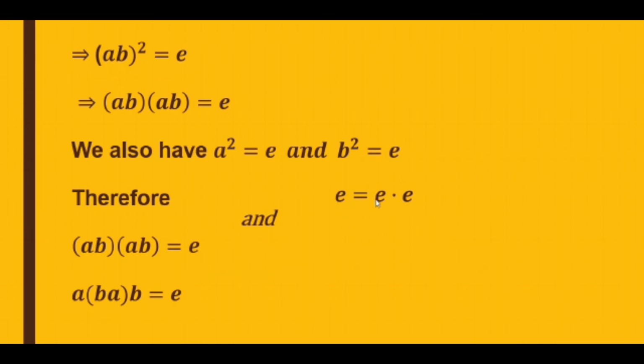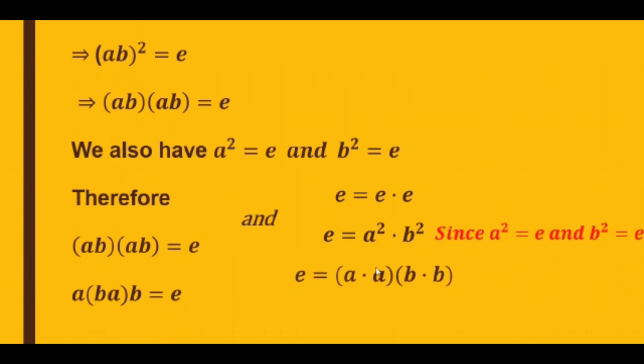So we can simply say E is equal to E times E, but these E's can be replaced by A squared and B squared, the reason being that they both equal E. But A squared and B squared can be changed like this, the reason being that we used our exponential law. And we can change this form into this manner using our associative law, which simply groups A and B like this and lets A be on this side and B be on this side.